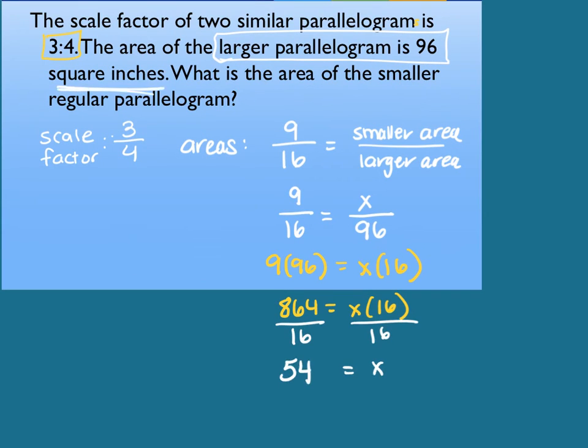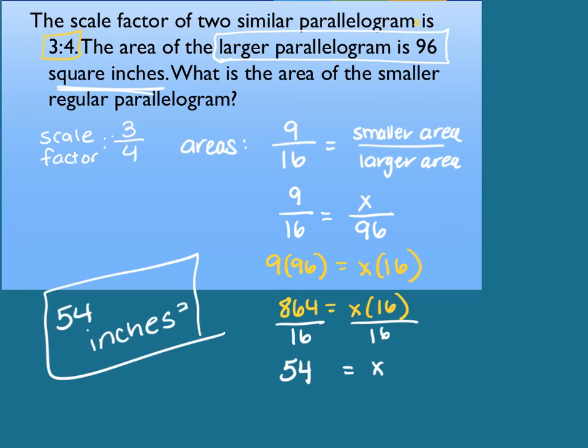And the units is square inches, so this would be 54 inches squared. Questions on that one? So again, scale factor, side length, perimeter, all the same. And then the ratio of the areas you square, both the top and the bottom.